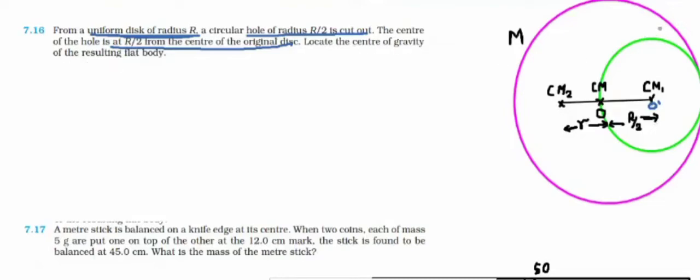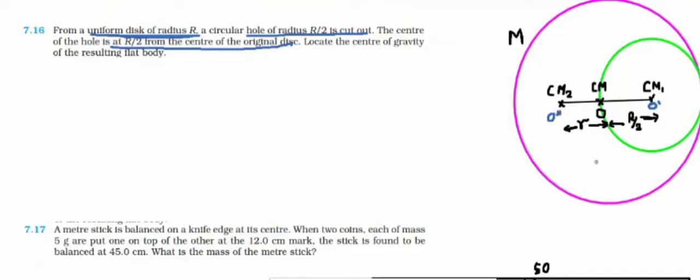The resulting body means the remaining part, almost in the shape of a crescent. The green circular part is removed. The remaining part, naturally the center of mass will be towards the left-hand side. The center of mass of the remaining body I have marked here as CM2. That point we can take as O double dash.